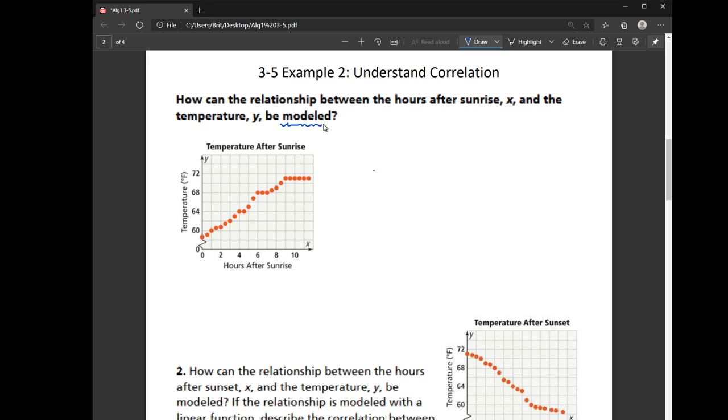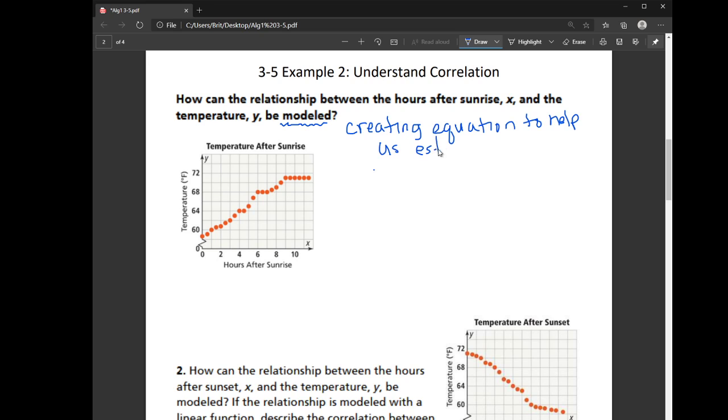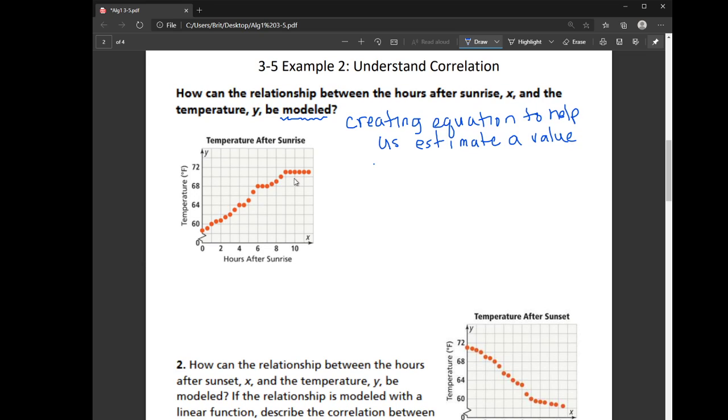So when we're talking about modeling, we're talking about creating an equation to help us estimate a value. So they're wondering, can we create some kind of an equation to help us explain it?